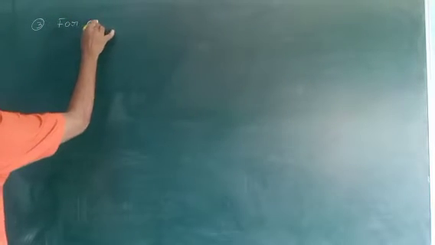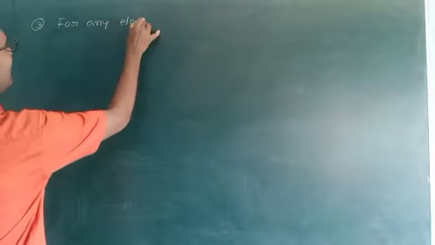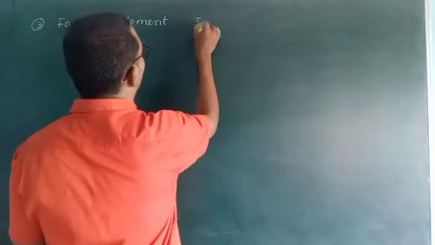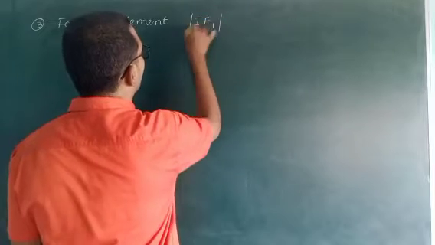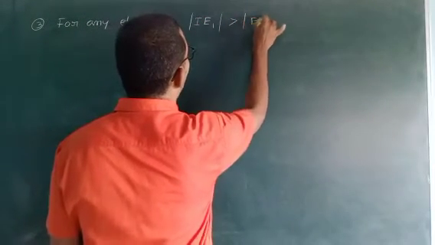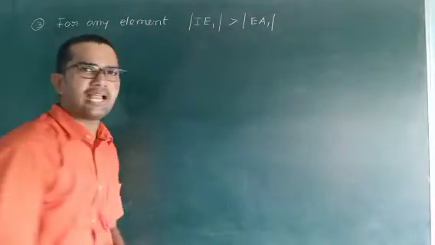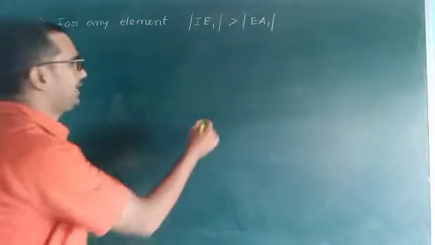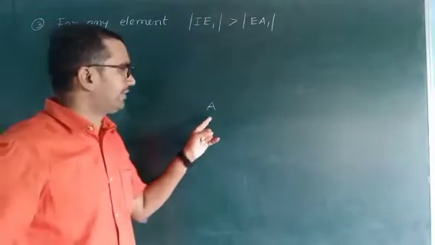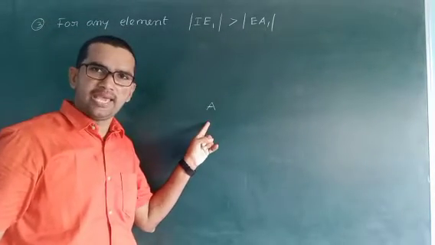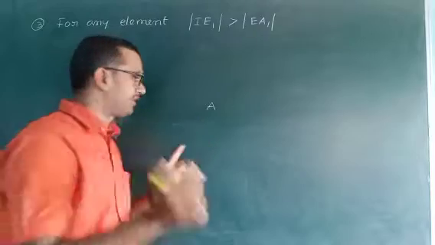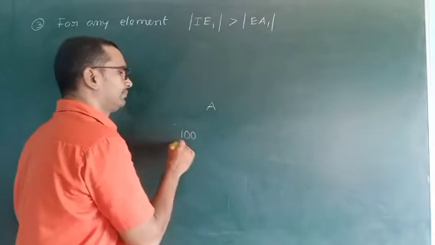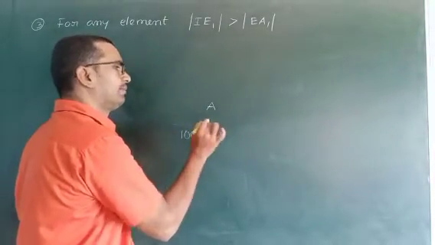Third point: for any element, IE1 is greater than EA1. For example, this is A. For removing one electron from this A, how much energy is required? For example, 100 kilocalorie per mole.